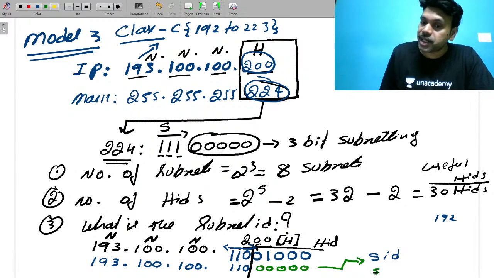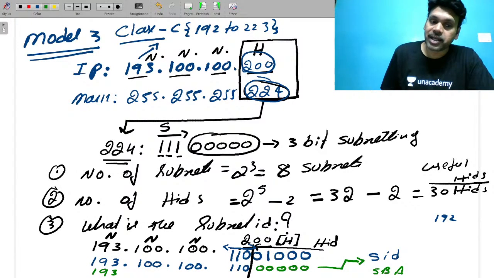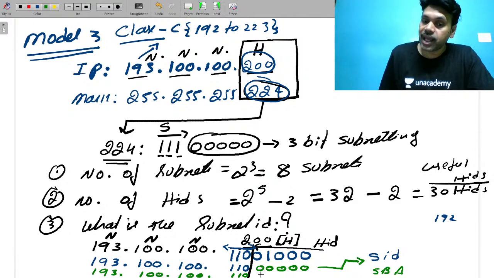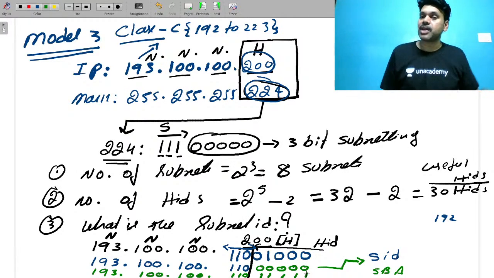For the subnet broadcast address, drop the NID as it is, and the subnet ID part, that means the subnetted positions, as it is, and your HID is going to be all ones. That's it, you got your answer.